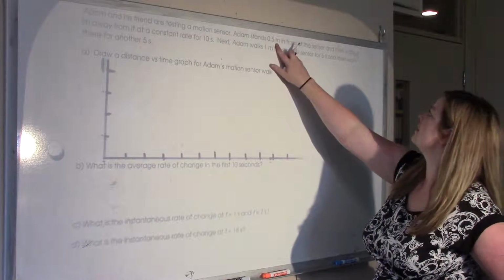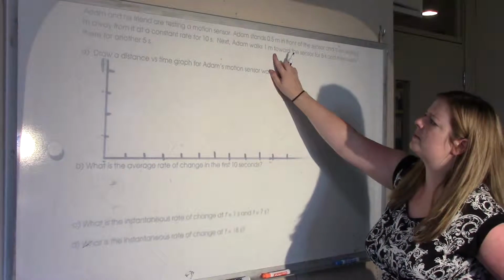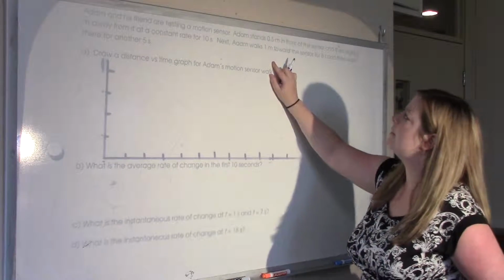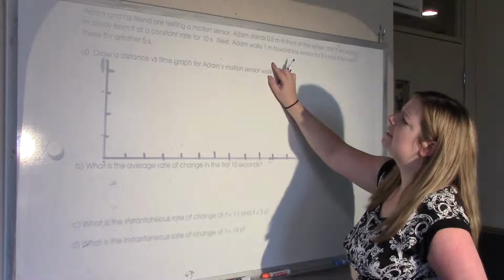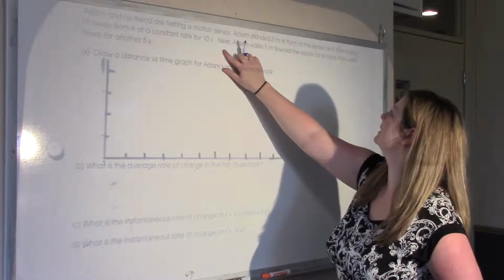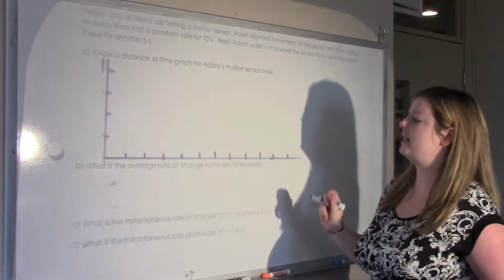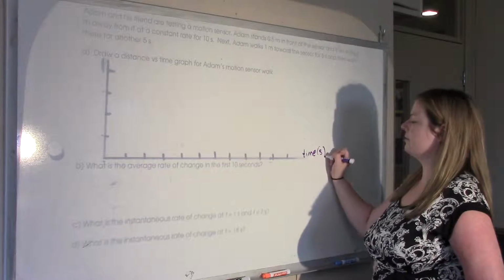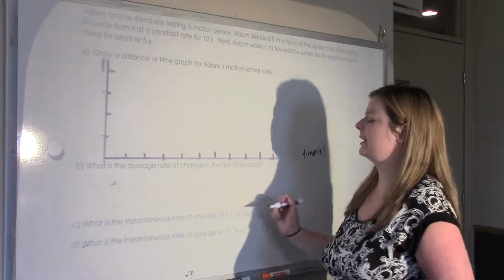Your distance starts at 0.5, and goes up to 4.5, and then how much time do we need? So 10 seconds, 5 seconds, 5 seconds, so 20 seconds total. So we'll label time in seconds and make sure we have enough room for 20 seconds.